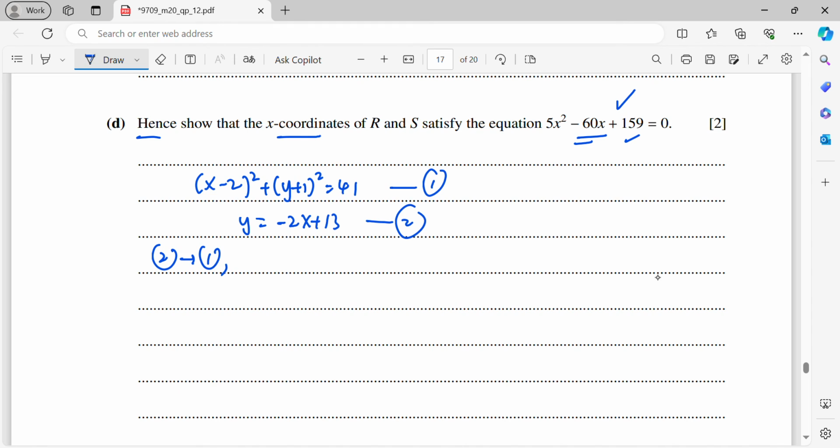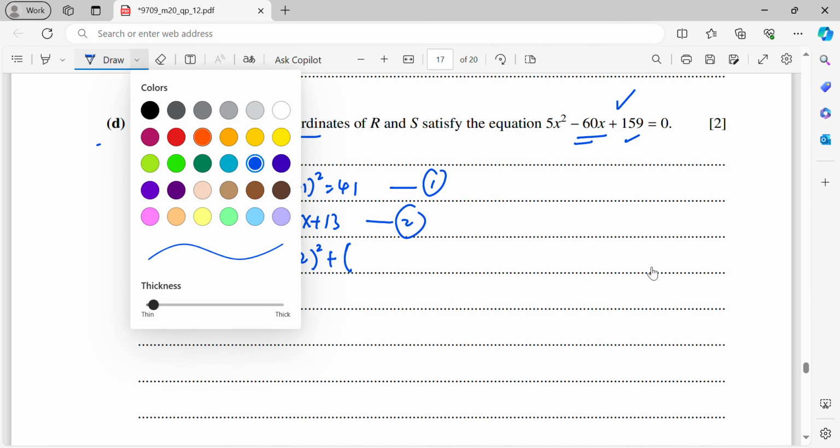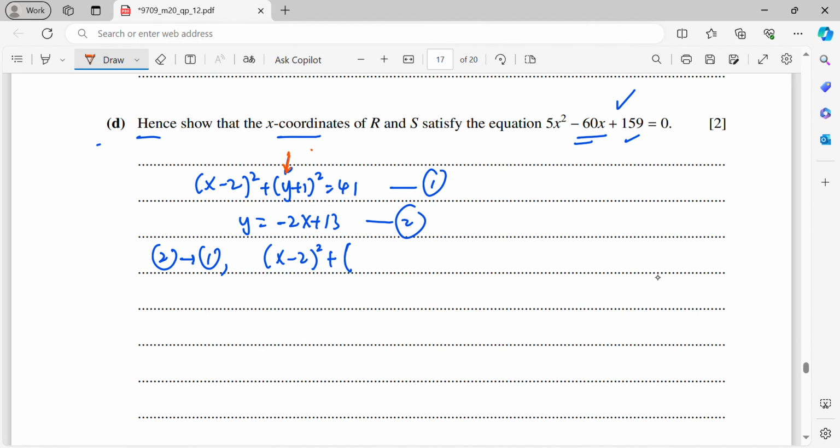So I will get (x - 2)² plus, now the y will be replaced by these two terms, so I will get (-2x + 13 + 1)² equals 41. That means you will get (x - 2)² + (-2x + 14)² equals 41.